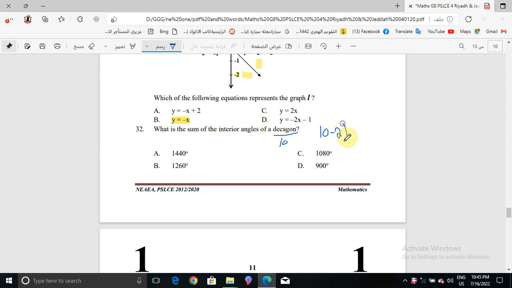So 10 minus 2 times 180 means 8 times 180. After multiplying, you will find 1440 degrees. So the correct answer is choice A.